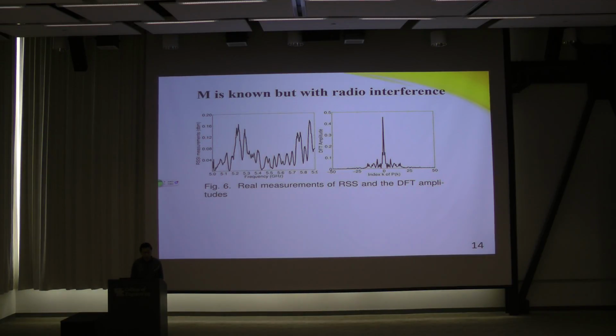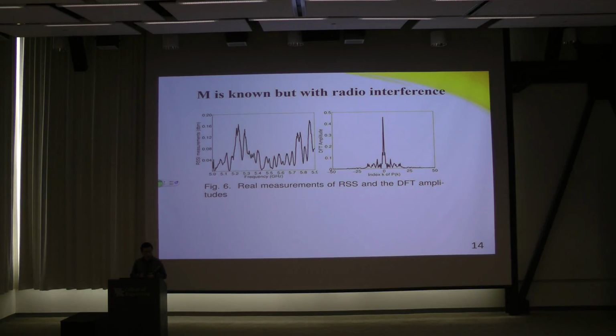Because the RSS measurement is not very accurate. The left figure is the RSS that we measured on the different channels, and the right figure is the left figure transformed by the DFT.